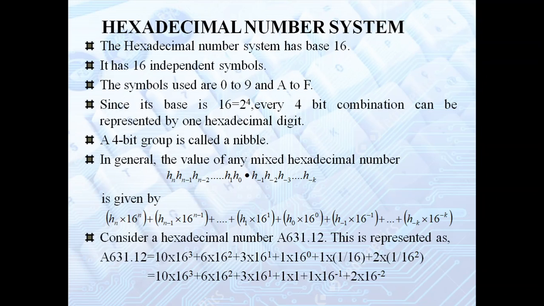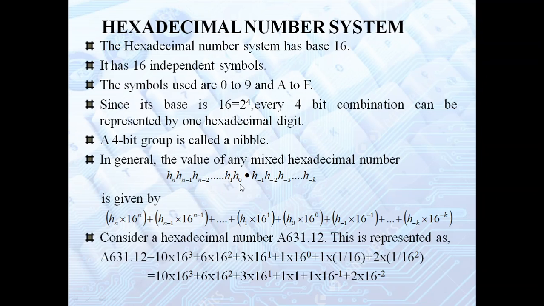E is equivalent to 14, and F is equivalent to 15 in decimal number system. In general, the value of any mixed hexadecimal number is given as this equation.